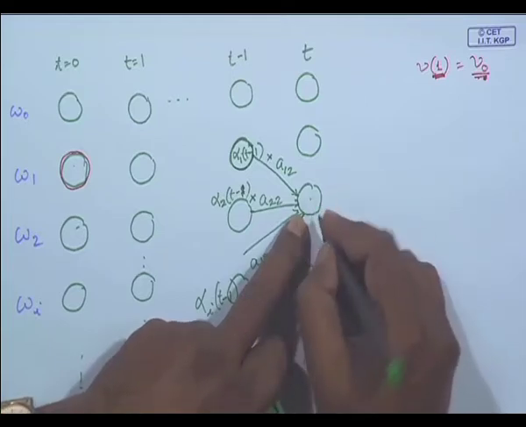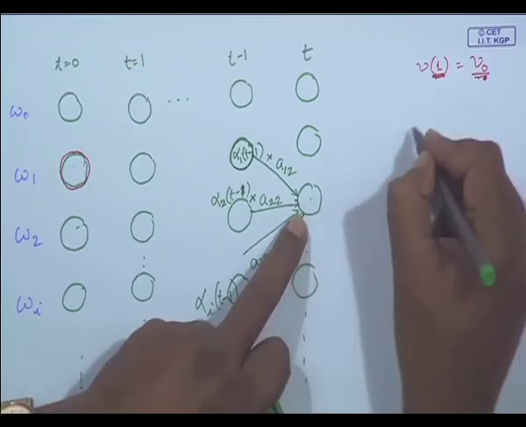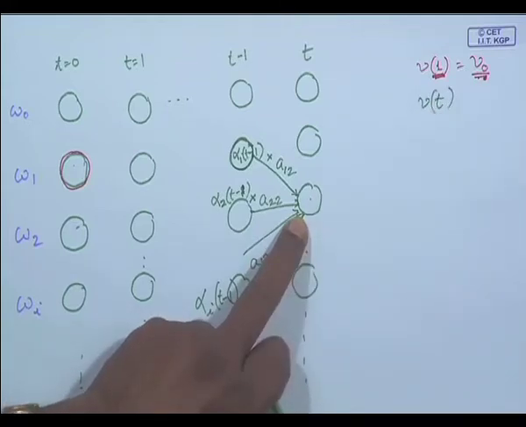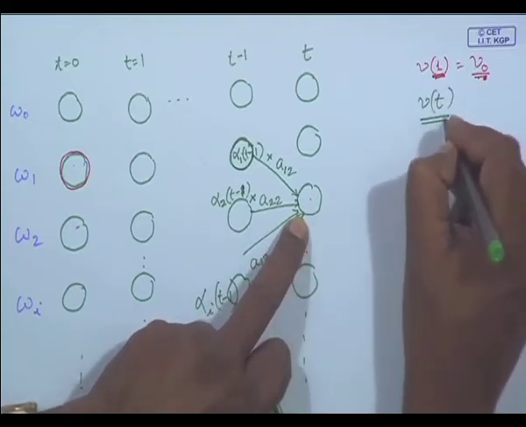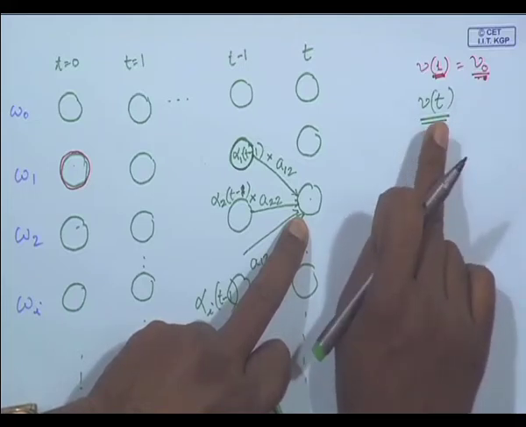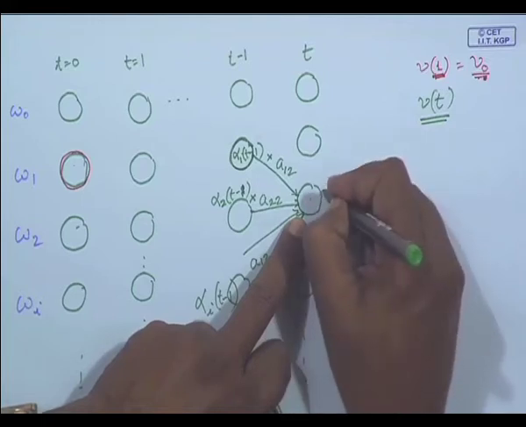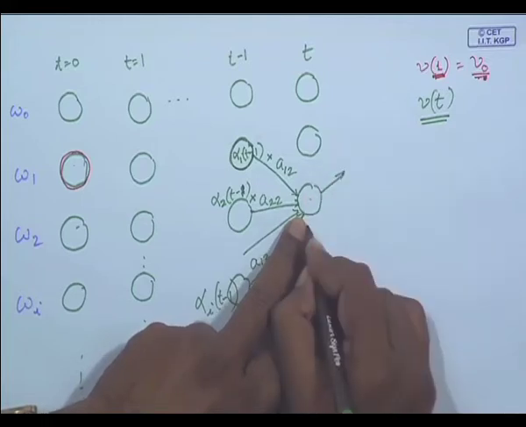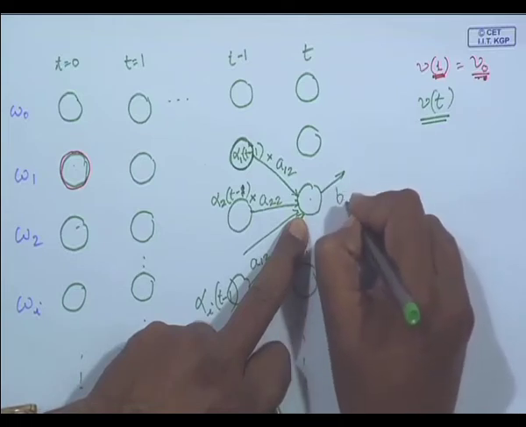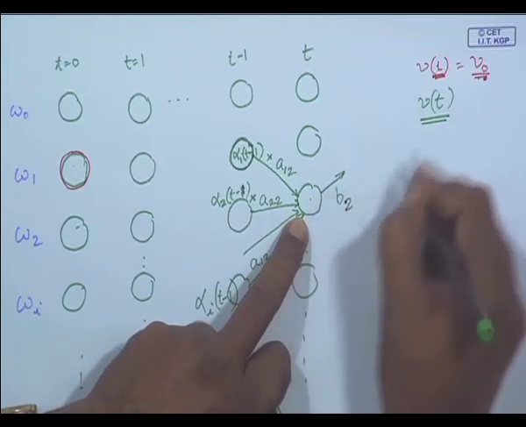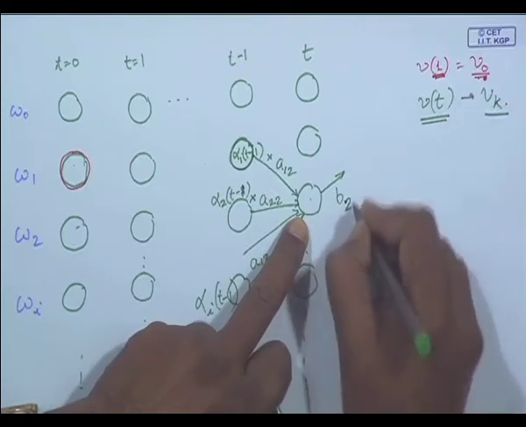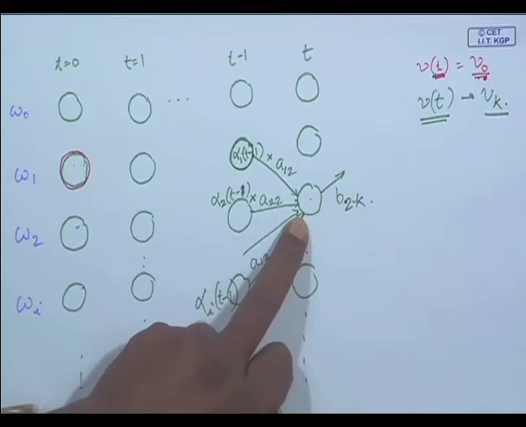And I also know what is Vt, that is the visible symbol in time step t. And this visible symbol in time step t can be emitted by this state omega 2 with a probability b2, and suppose this emitted symbol is vk. So, this will have a probability b2k.